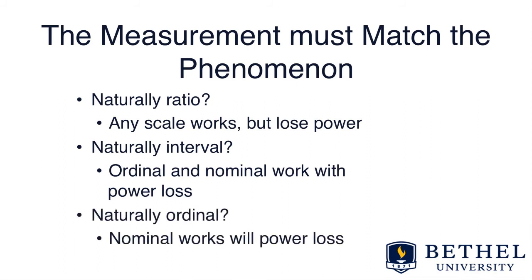If something is naturally ordinal, that there is a natural hierarchy within the phenomena, that you can say greater than or less than, you can use an ordinal scale or you can use a nominal scale. But if you use a nominal scale, you're going to lose computing power. And so now let's apply this to TediAnne's age.